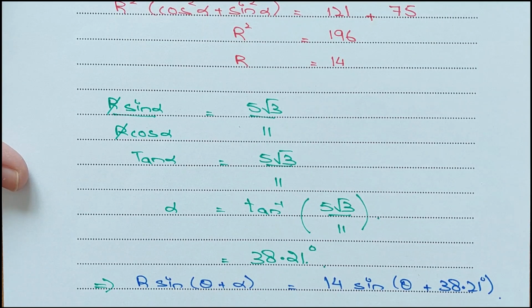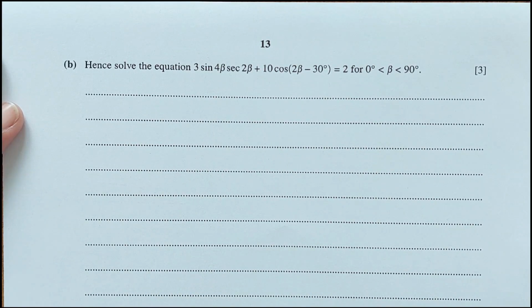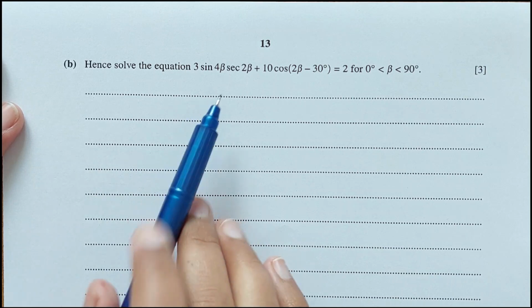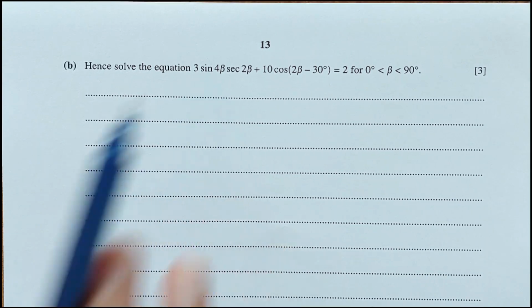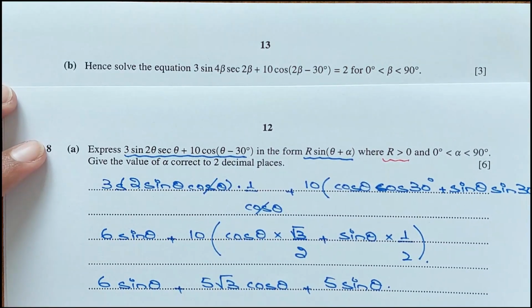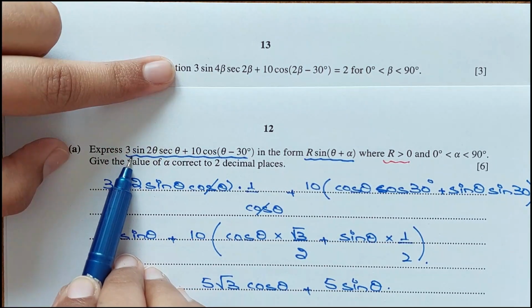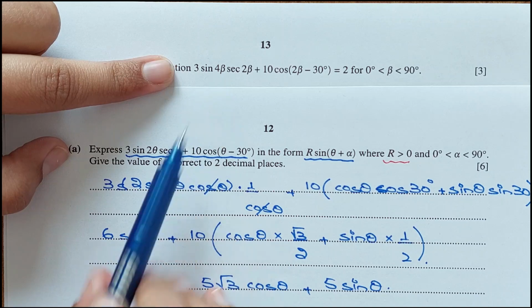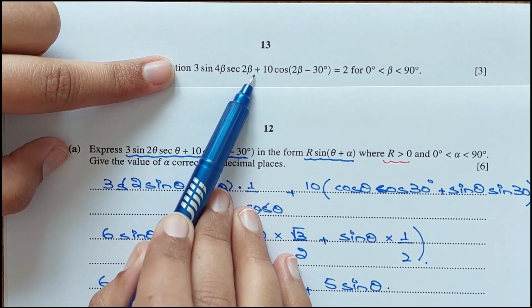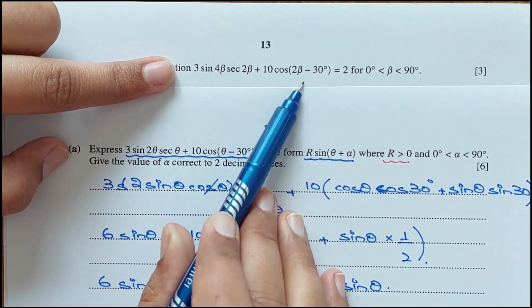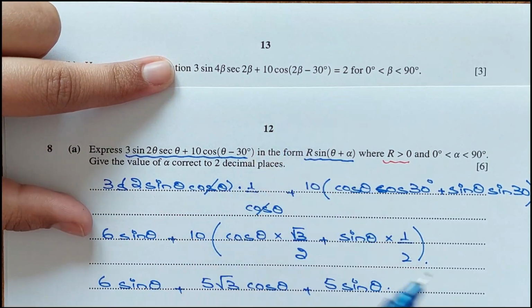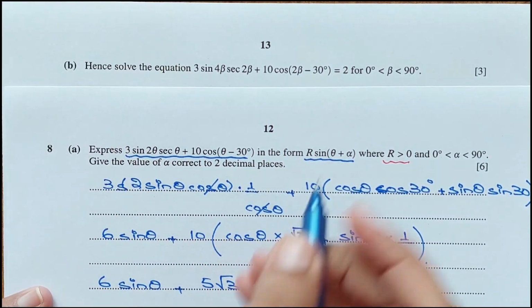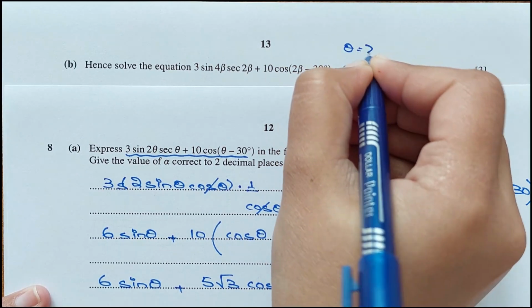Right. Now for part B, hence solve the equation. As you can see, if I compare this with part A, we have 3 sin 2 theta, so 4 beta, so theta would be 2 beta. Secant of 2 beta plus 10 cos(2 beta minus 30) would be equal to 0. So basically theta is replaced with 2 beta.